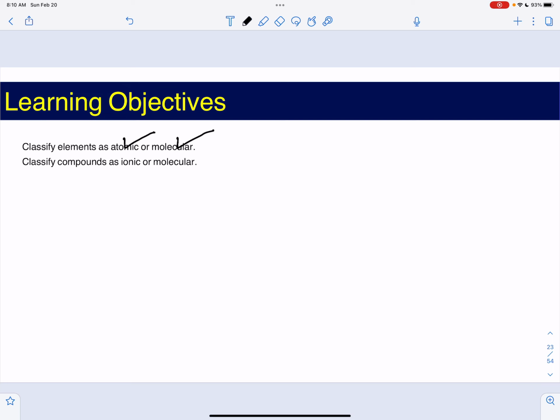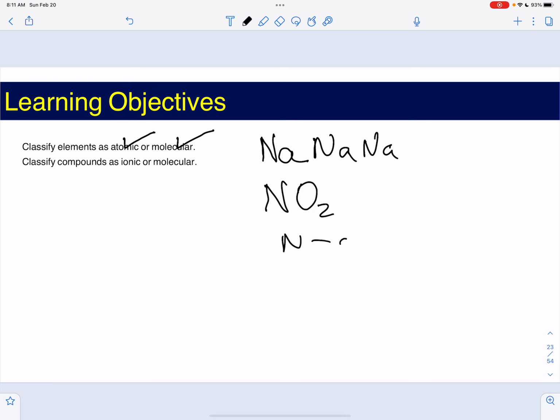An atomic element would be something composed just of one kind of atom: sodium, sodium, sodium, sodium. A molecular element would be something composed of at least two or more atoms.